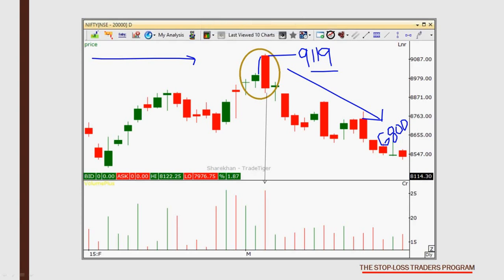It did not give much bounce because it is not supported by any other time frames on the left of it. But why did it fall so much? Because first of all, it formed that pattern, gave some correction, and then ultimately a distribution emerged at that place. Monthly supply zone was formed.